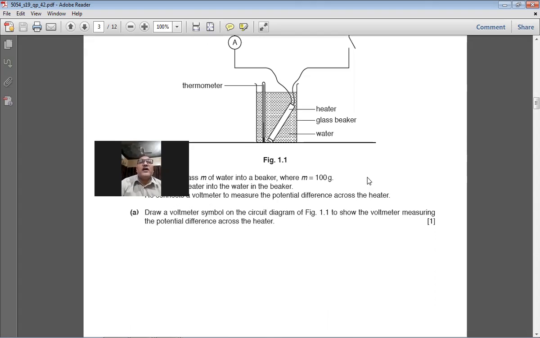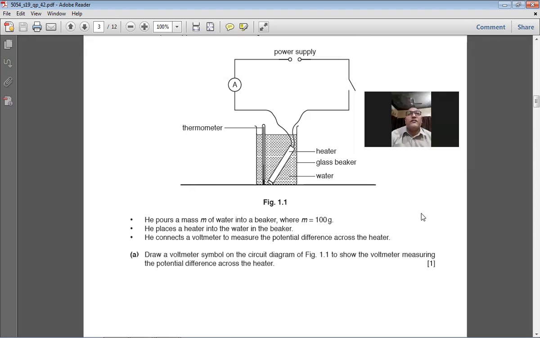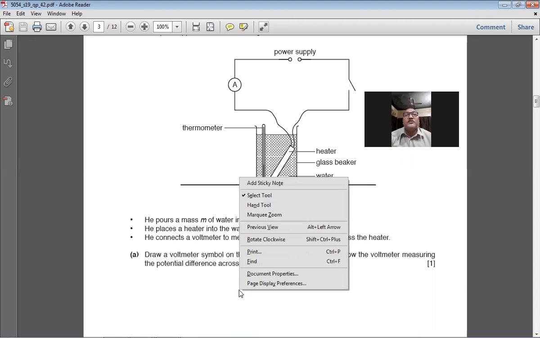He pours a mass m of water into a beaker where m is equal to 100 gram. He places a heater into the water in the beaker. He connects a voltmeter to measure the potential difference across the heater. Draw a voltmeter symbol on the circuit diagram of the figure 1.1 to show the voltmeter measuring the potential difference across the heater.